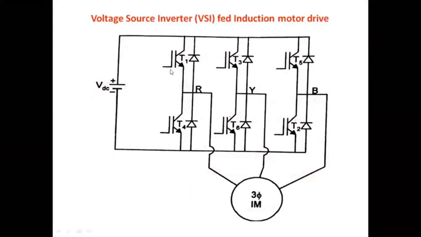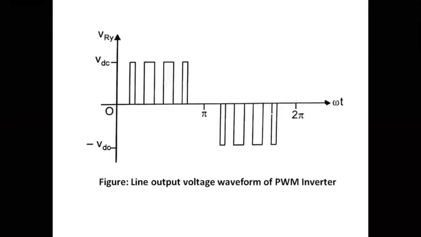Once you give pulse width modulated inputs to the gates of these devices, what happens we will see now. This is when the voltage source inverter operates as a pulse width modulated inverter.